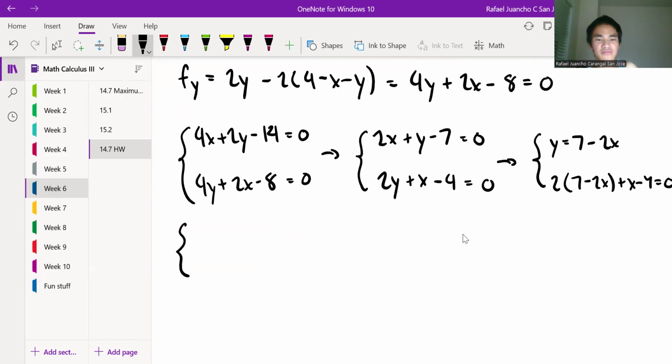And then from there, well, I just continue my system. So y is 7 minus 2x. This is 14 minus 4x plus x minus 4. So minus 3x in this case. Well, that 14 minus 4, that's 10.